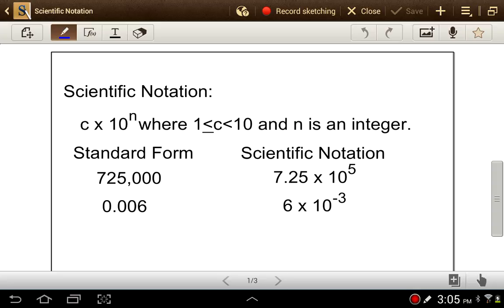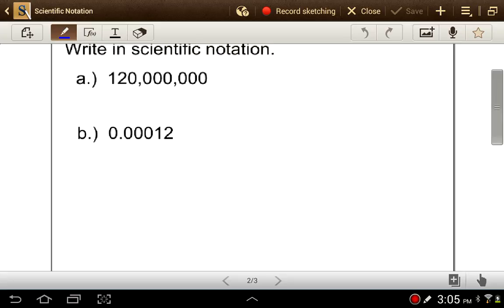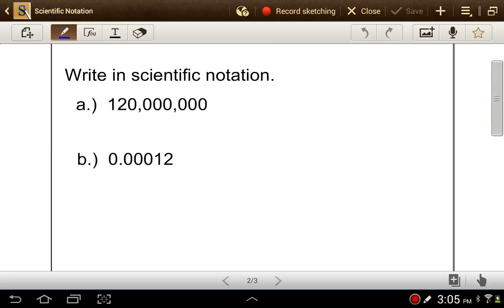First we're going to write in scientific notation. Again, I want my decimal point after the first non-zero number, so between the 1 and 2. Currently my decimal point is right there. I want it between the 1 and the 2 in the end, so all I'm going to do is count how many places it takes to get there. That's going to be my power of 10, because when you multiply by powers of 10, you're moving the decimal point.